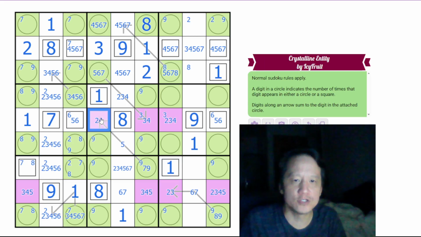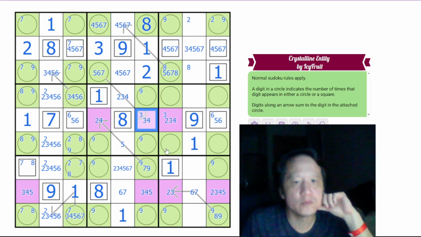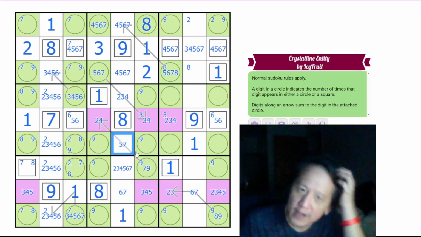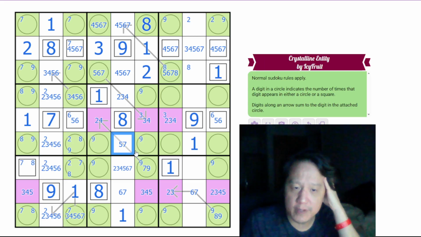Because if it's 2, 4, and 3, that would eliminate all possibilities for this cell. If it's 9, it's 2 and 7 or 4 and 5. And that's possible. This is a 5, 6 pair here.